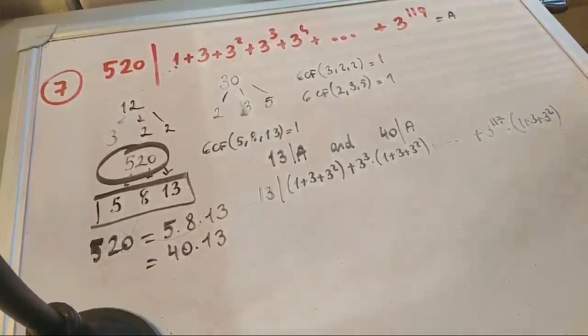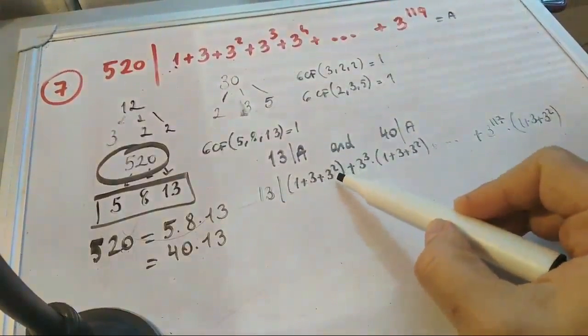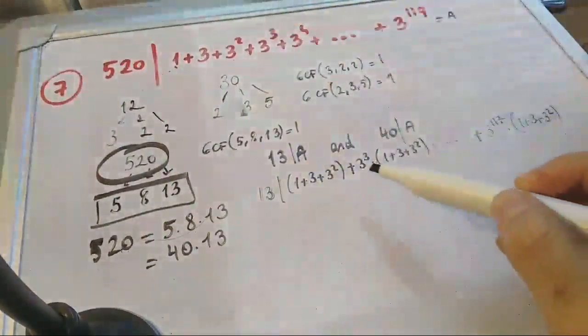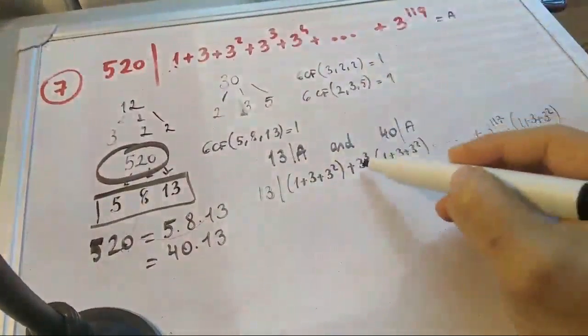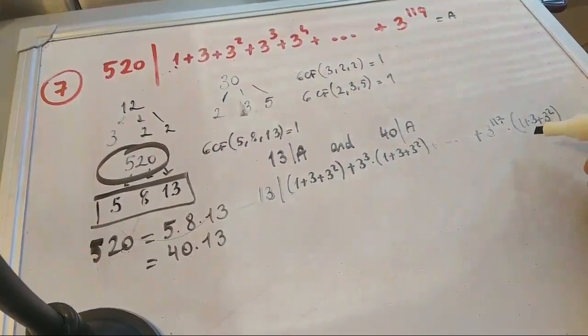We made a group. Look, 3 cubed times 1 is 3 cubed, 3 cubed times 3 is 3 to the power of 4. We can go till 3 to the power of 119 the same way.